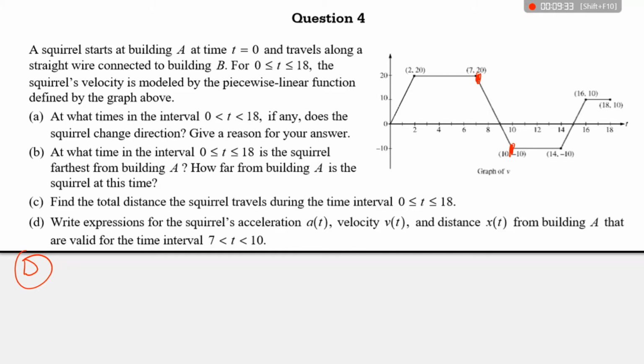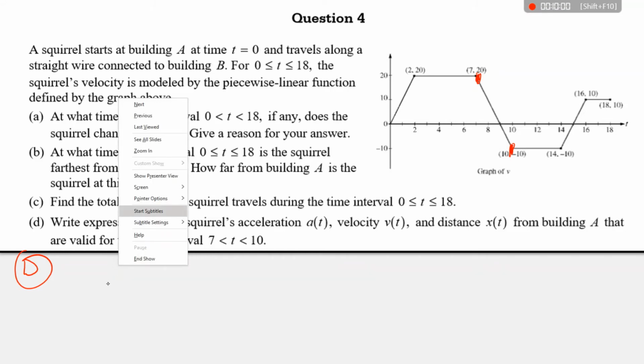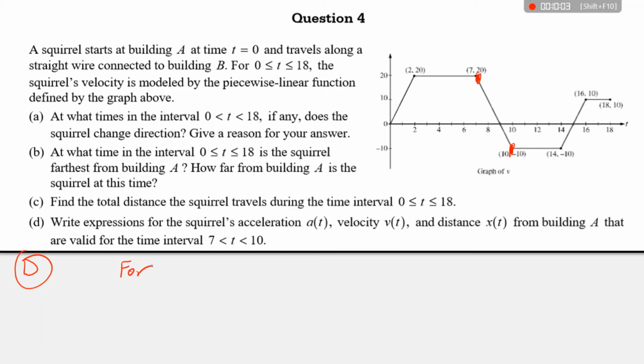Acceleration will be the slope. So f(10) minus f(7) over 3, for our interval 7 is less than t is less than 10.